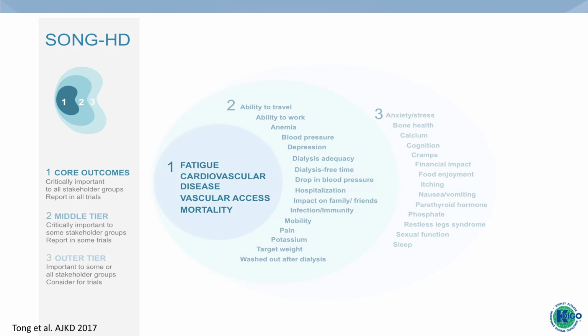Now you can see in these outer tiers, you can imagine which stakeholder group had actually prioritised these as being important. So, for instance, perhaps the patient wouldn't be so focused on the parathyroid hormone, but they would be more focused on the sleep and the itch aspects.